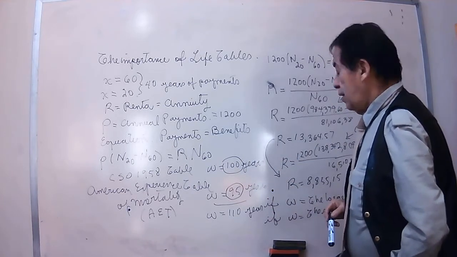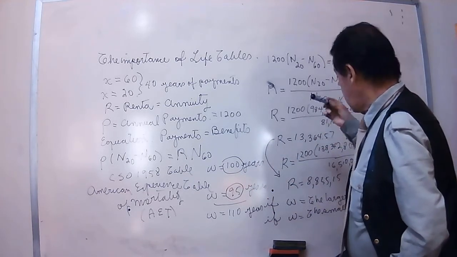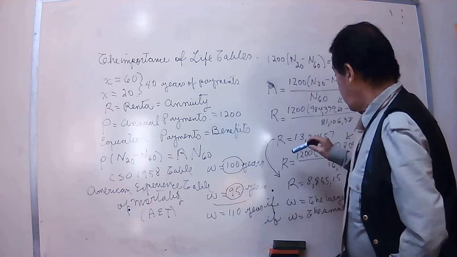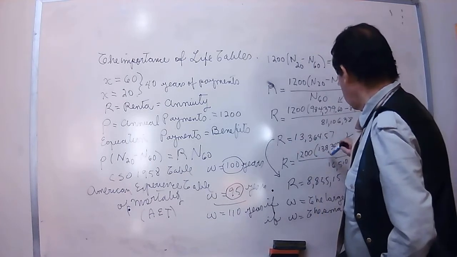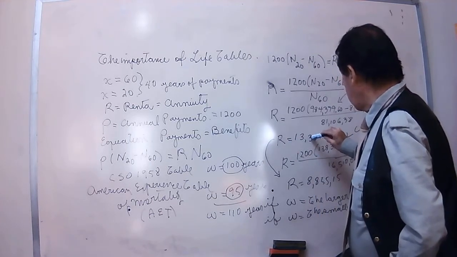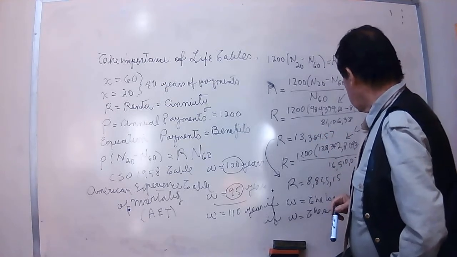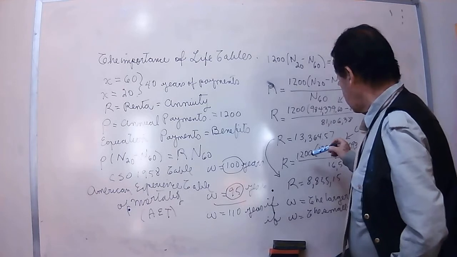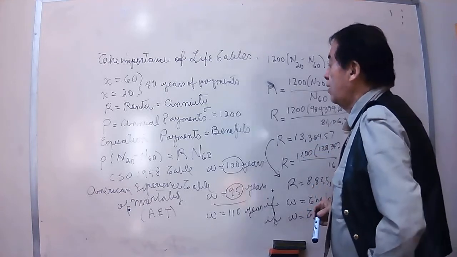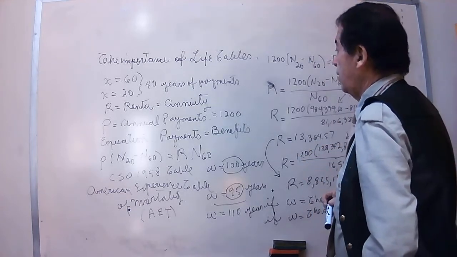However, if we use the real table, we are going to be paying more money to people who are going to use a table adapted to the population of the country.